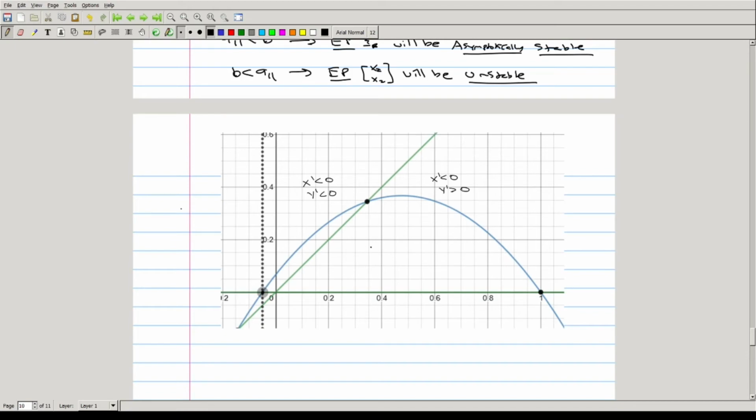In this region, x prime is greater than 0 and y prime is greater than 0, and in this region, x prime is greater than 0 and y prime is less than 0, as well as in this region right here, x prime is greater than 0, y prime is greater than 0.